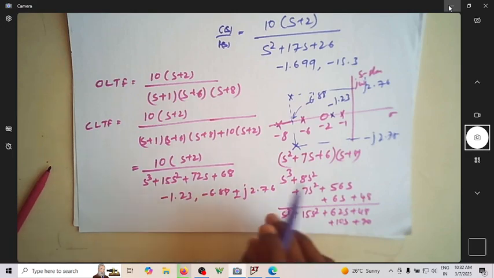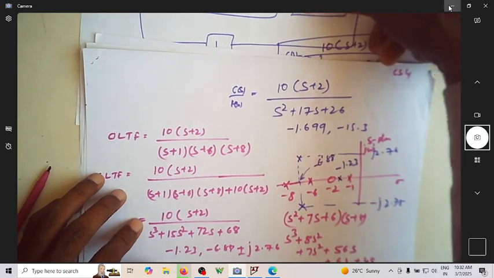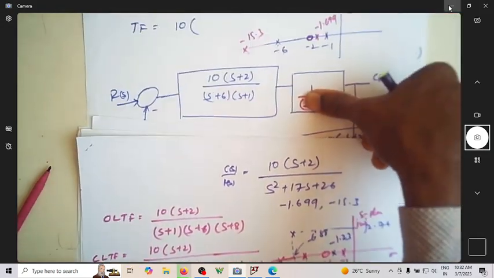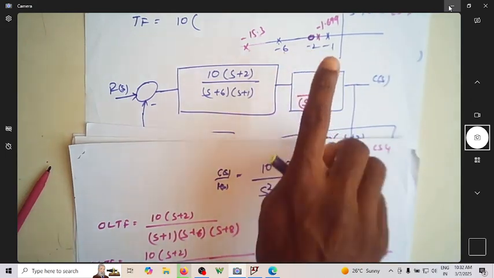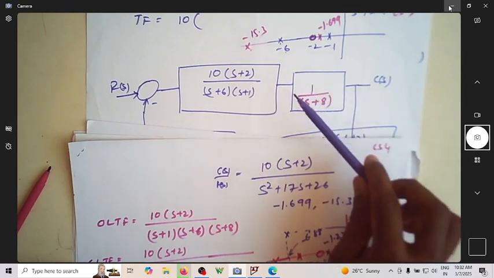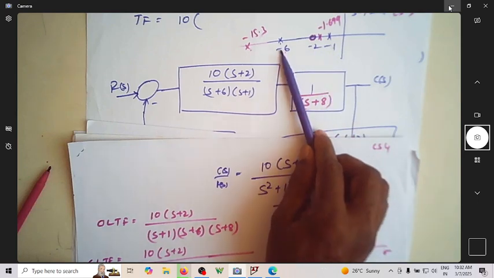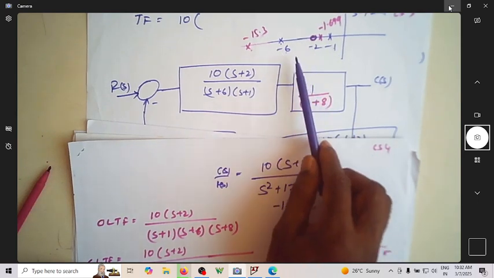Just have a look and make a difference between when you didn't have this pole, where were the poles and zeros? This is the earlier case: the poles were at minus 1 and minus 6, and the zero was at minus 2 only.